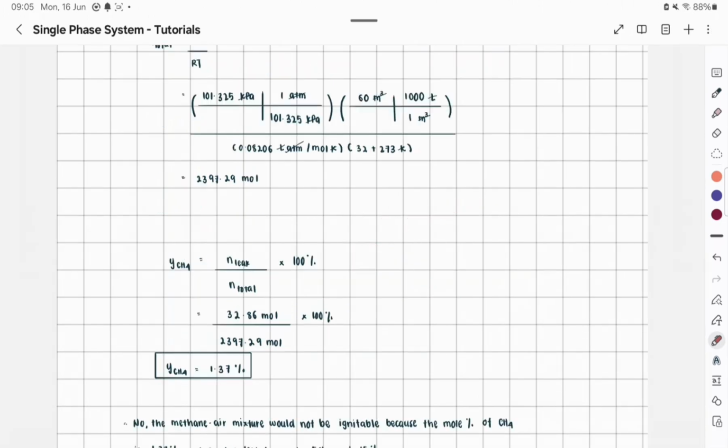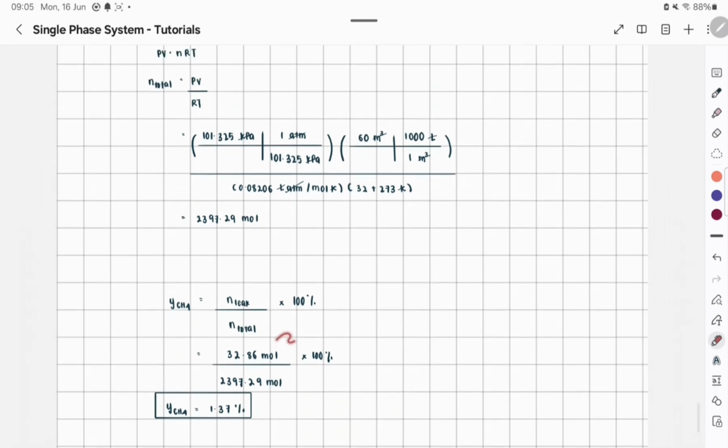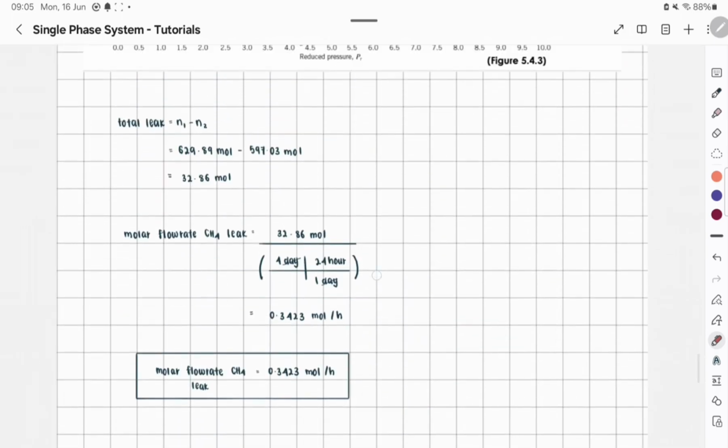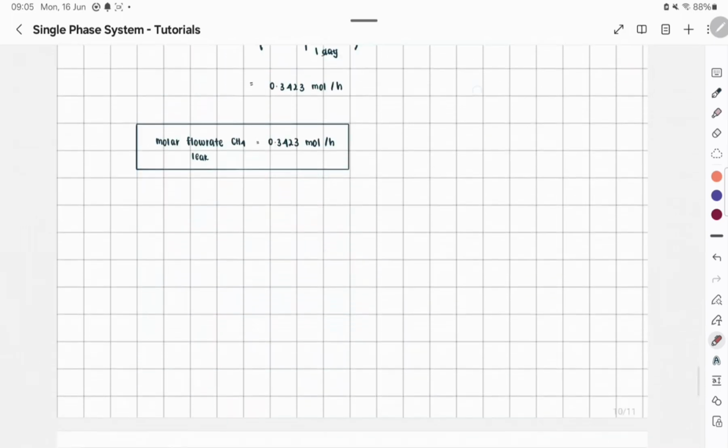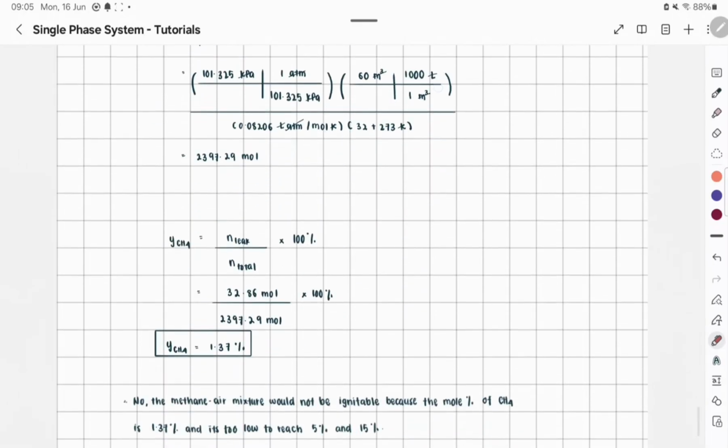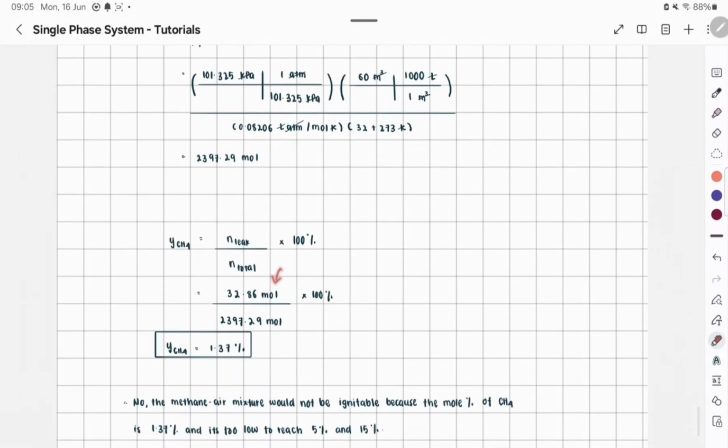For the mole fraction formula, mole fraction is equal to mole leak over mole total times 100% to get the mole fraction in percentage. Since we know the mole leak is 32.86 mole, we can just sub into the formula and divide by the N total that we got just now, which is 2397.29 mole, and then times 100%.